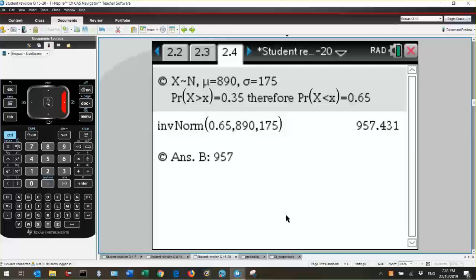So that was a pretty straightforward question, and yes, about a third of students didn't get that correct a couple of years ago. And I suspect the reason is that students were using 0.35 rather than 0.65 as their area.